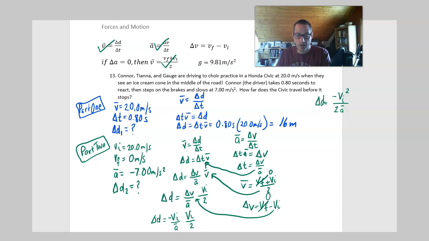So hopefully that's not too complicated. Let's throw that value in there. Delta d is equal to negative 20.0 meters per second squared divided by 2 times negative 7.00 meters per second squared. Like that. Okay.